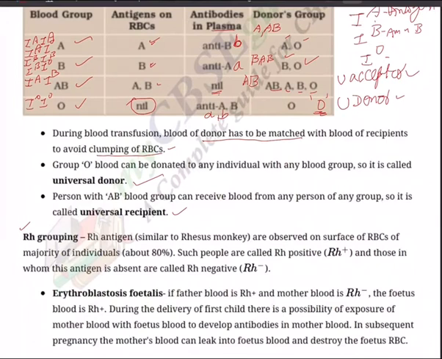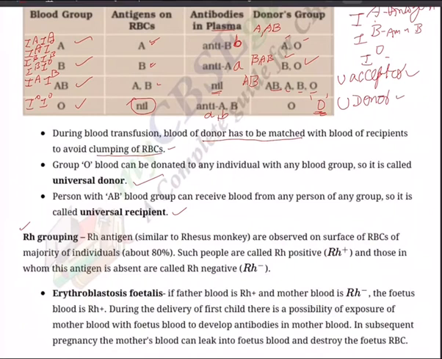In such cases, the mother starts preparing antibodies against the Rh antigen in her blood. In her subsequent pregnancies, first time no problem, the Rh antibodies from the mother, who is Rh negative, can leak into the blood of the fetus, which is Rh positive, and destroy the fetal RBCs.